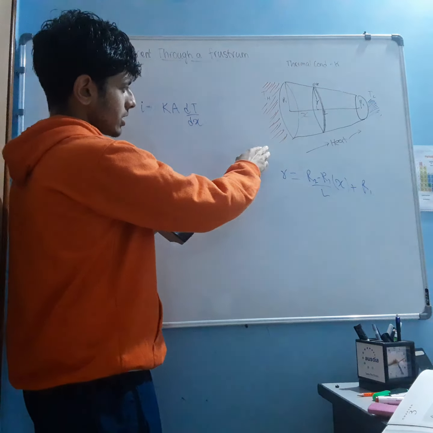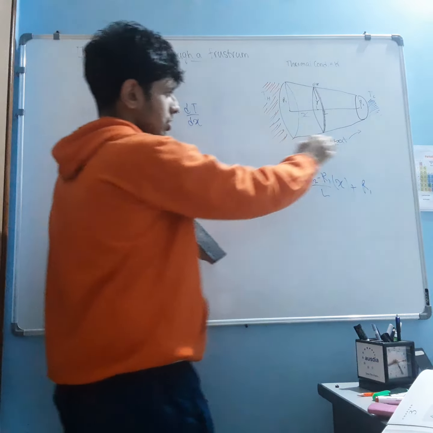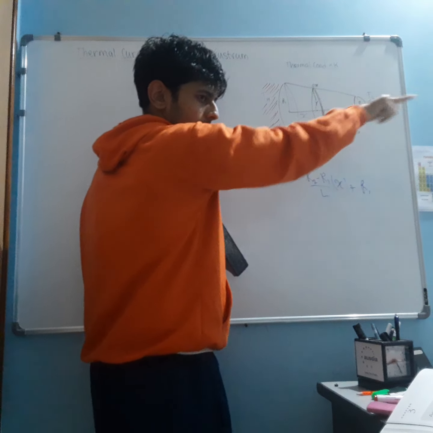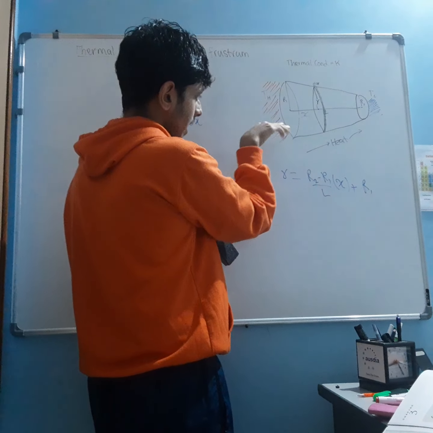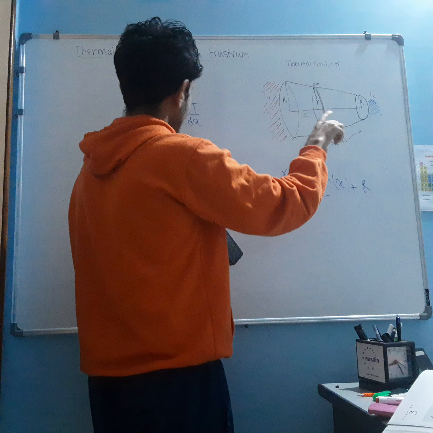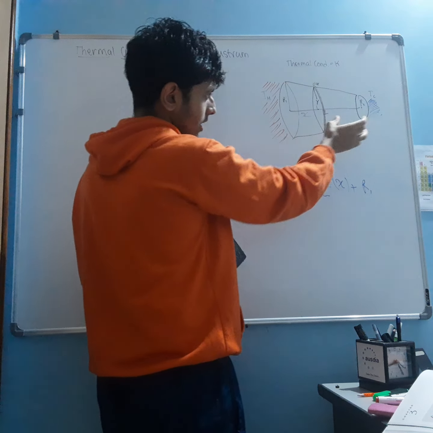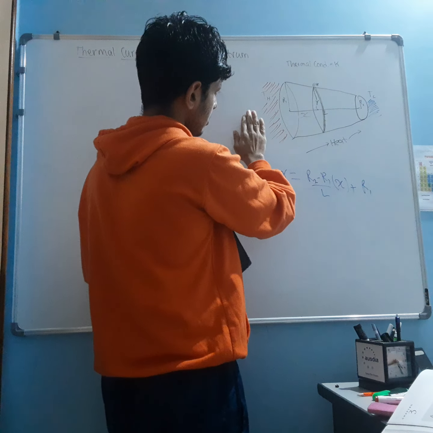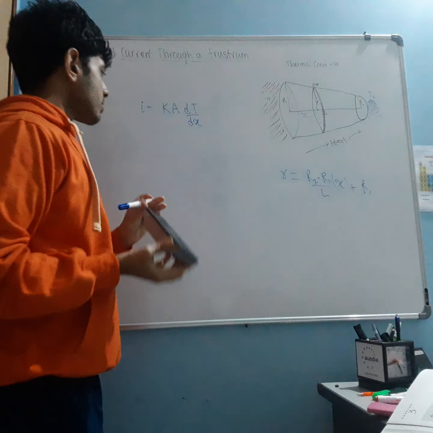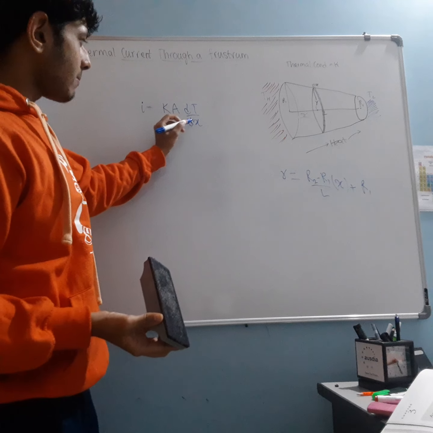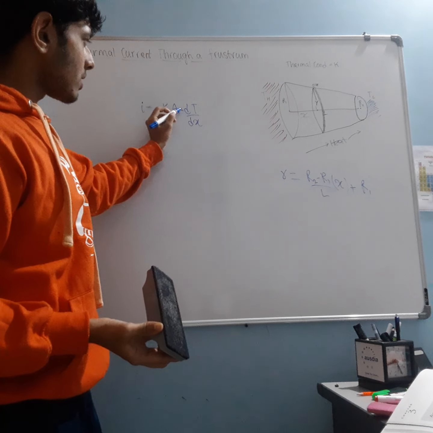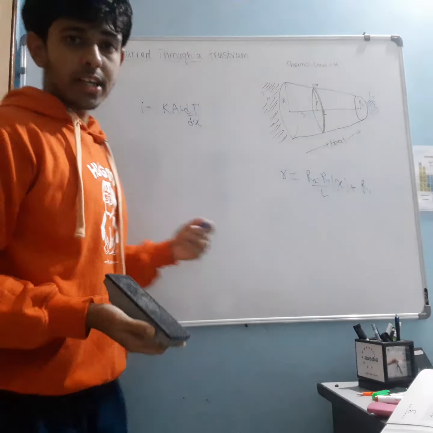We know that heat always flows from higher temperature to lower temperature. As dx increases, it's evident that the temperature decreases because it goes from hot to cold. So instead of writing dT by dx, we'll be writing minus dT to indicate that it's a decreasing function.